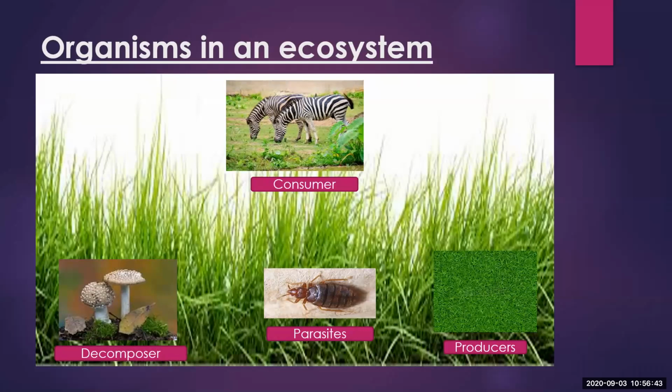The dead and decaying remains of the animals are decomposed by the decomposers and parasites. Decomposers also include bacteria and fungi. So they help to decompose the body of the dead animals.